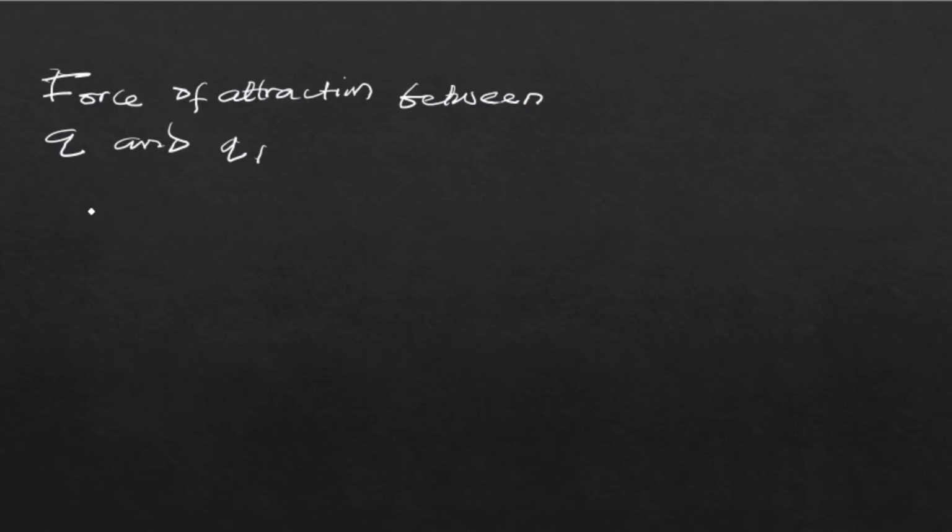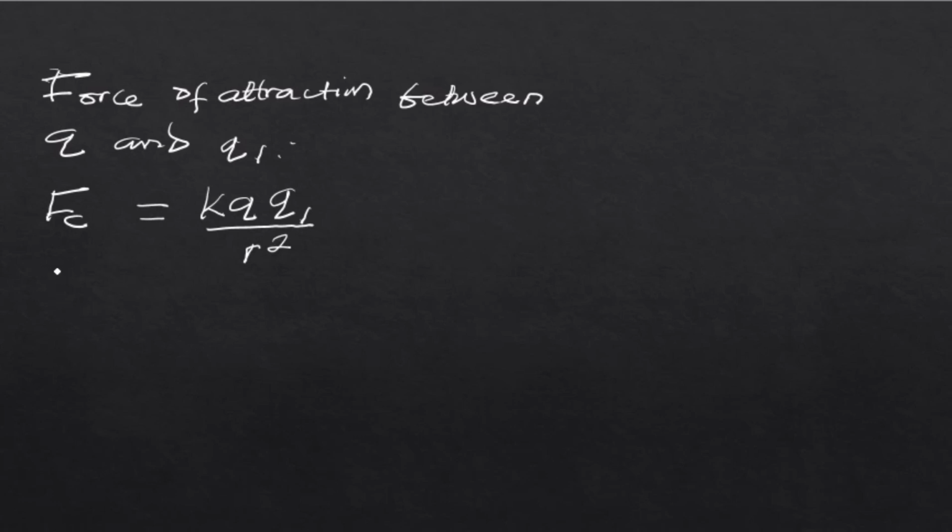This is the first thing we are going to be working with. So we have Coulomb force equal to K Q Q1 divided by the distance apart, which is R squared.